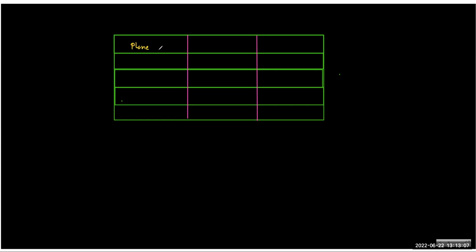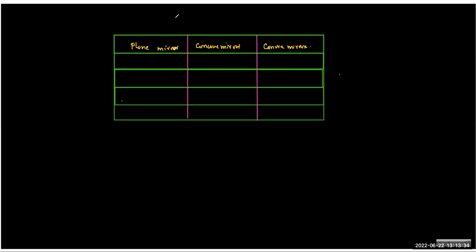What can we write here? Plane mirror. Then concave mirror. Convex mirror. Okay.